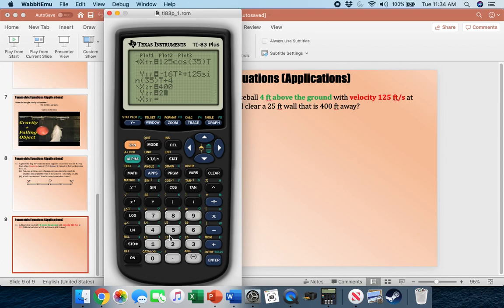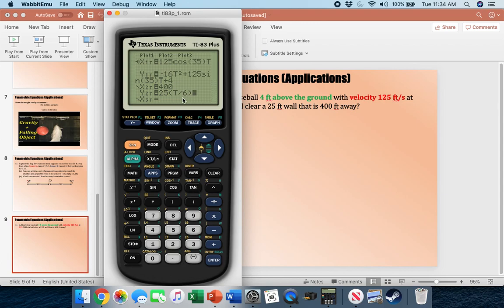Right? What's 25? What does that have to do with the problem? That's how high the wall is, right? And then I'm going to hit 25 times time divided by 6, which seems kind of weird.